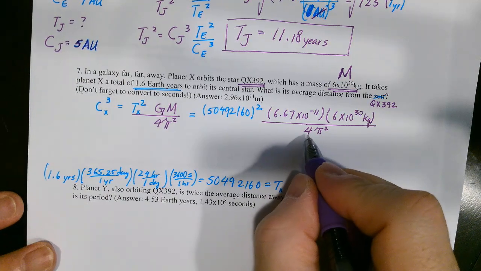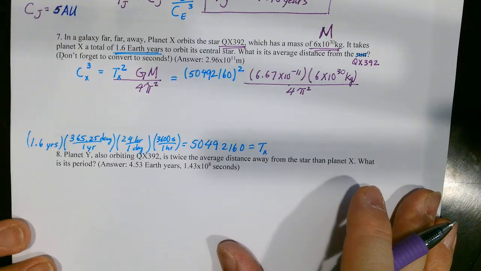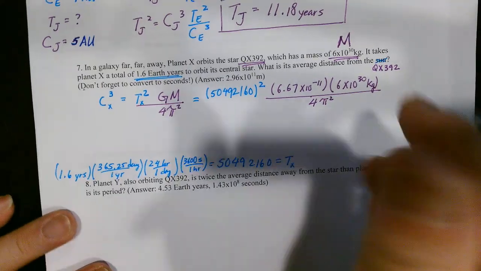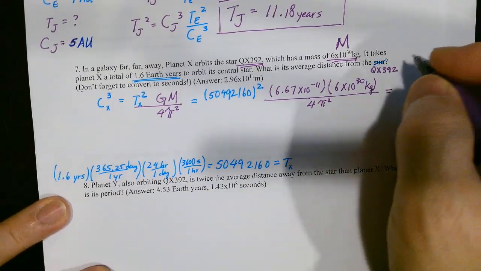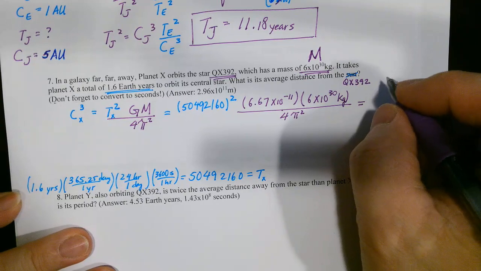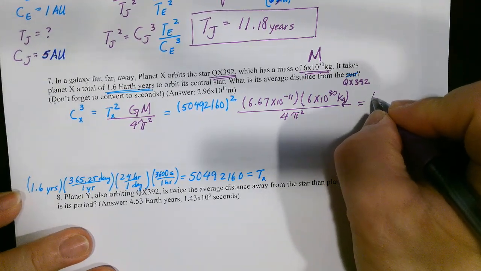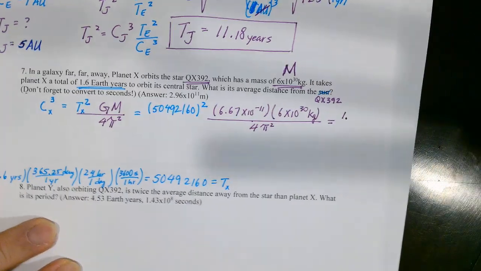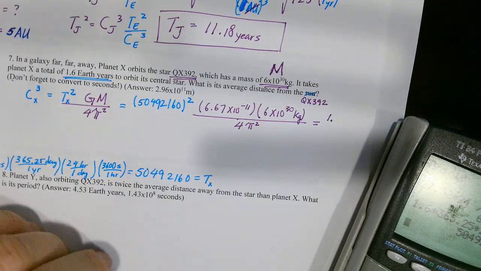This square does not square the 4, by the way. So if you work that out, I think you get something like 1.02 times 10 to the 34th or something like that. Right.